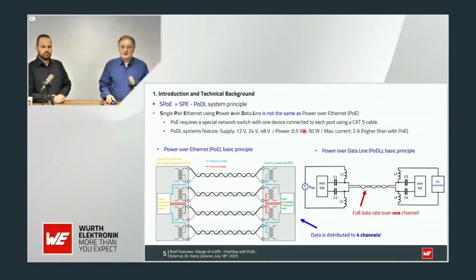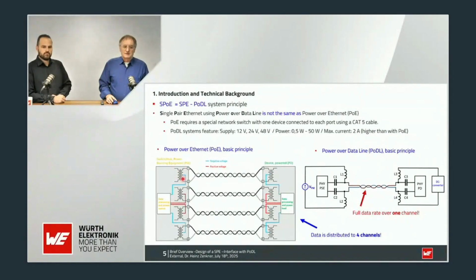It is a little bit different than you might know the concept from power over Ethernet with the Ethernet. This is one example, gigabit Ethernet, where you see we have 4 channels. Here we couple the energy from the hub to the powered device via the center tapping of the transformers.